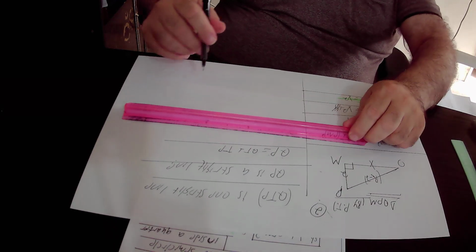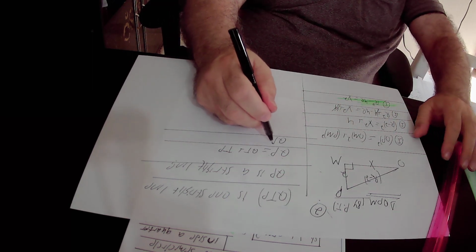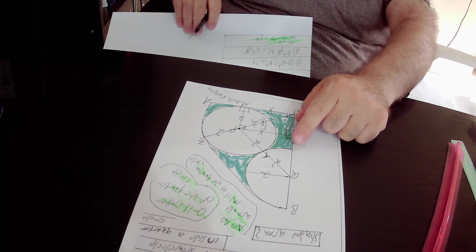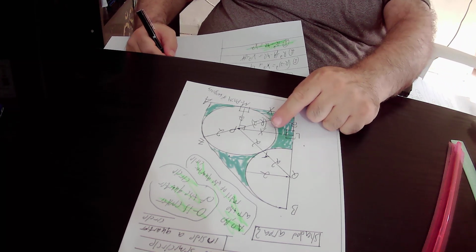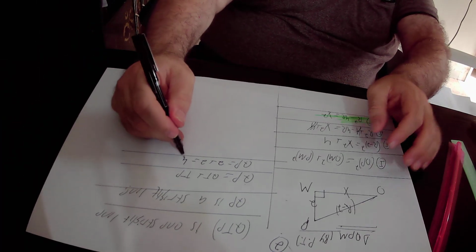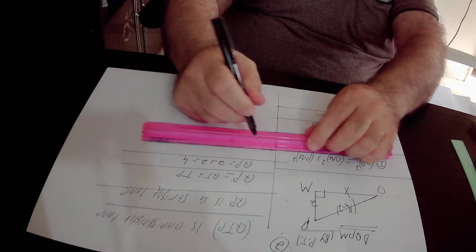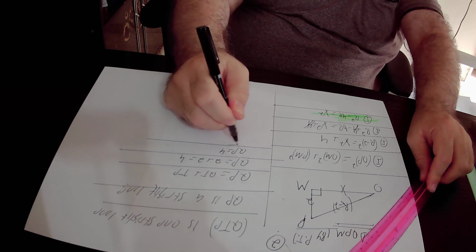So QP equals QT, which is 2, plus TP, which is 2. In conclusion, QP equals 2 plus 2, that is 4. So QP equals 4 units.